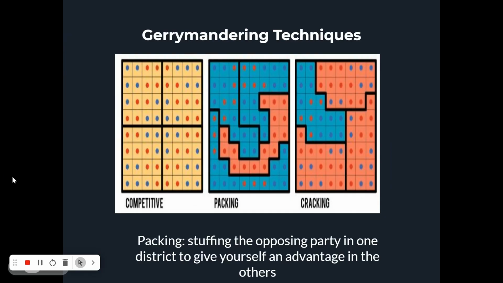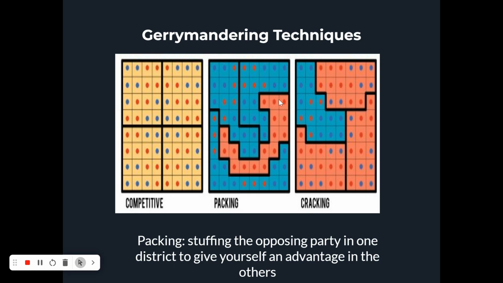And look, there are different techniques that the state legislatures can use when they gerrymander their districts. They can engage in what's called packing. This is when you're drawing districts, and this would be the example here, that you basically stuff all of your opponents into a district. So you're going to happily put all of the red dots in one district.